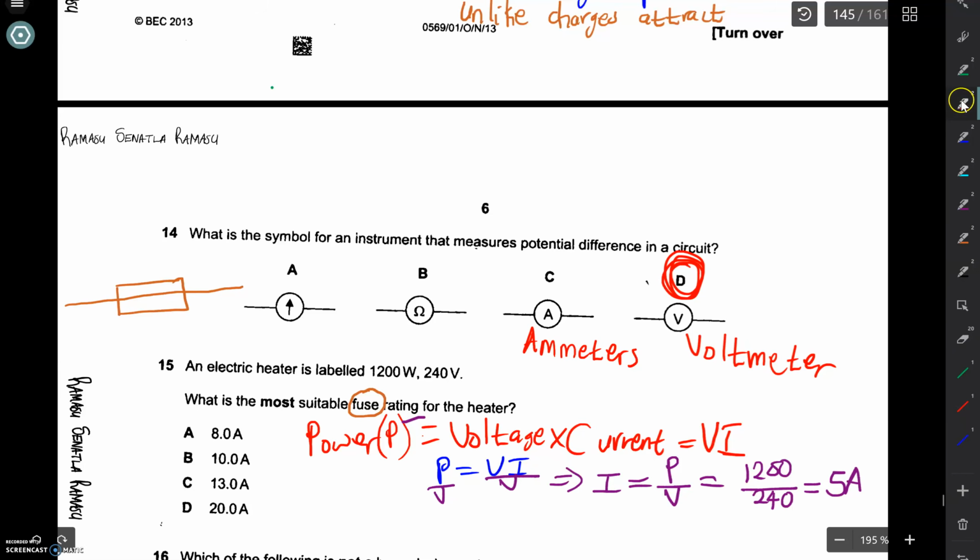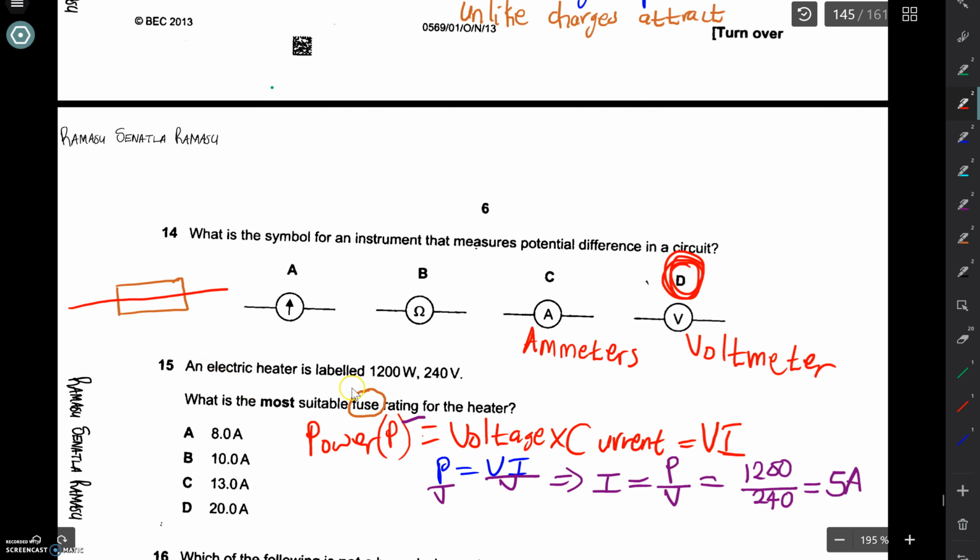So the fuse will break, and when the fuse breaks, there will be no current flow, and your appliance will stop working. A fuse is simply a wire that melts when there's too much current flowing.